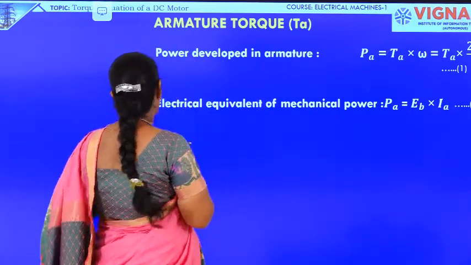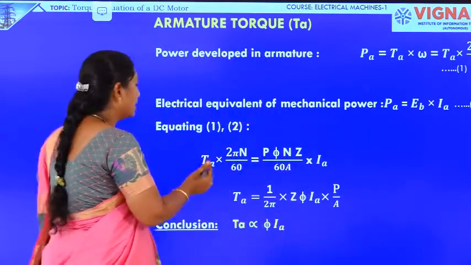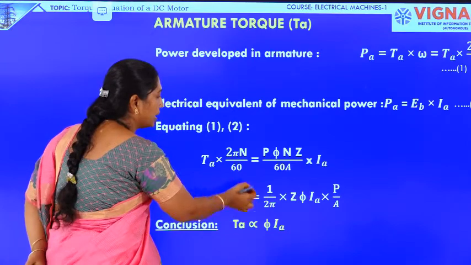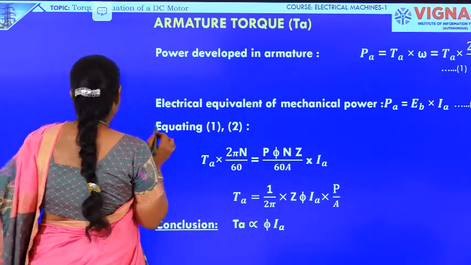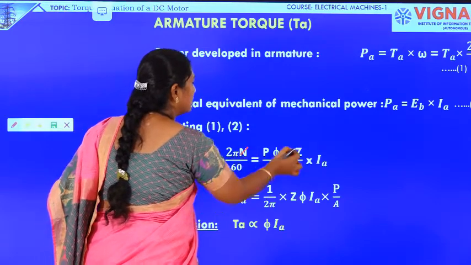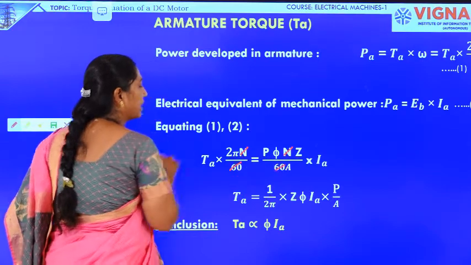Equating both the expressions 1 and 2, we can write TA is equal to, so we have n as the common term on both the sides, so we can cancel n on both the sides. 60 can also be cancelled.